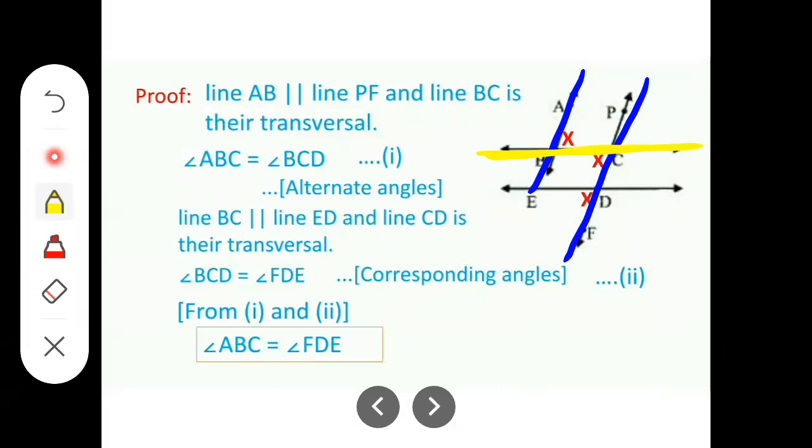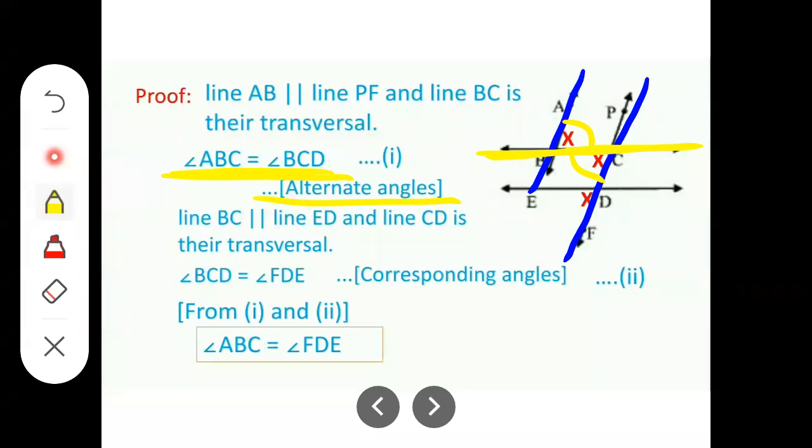Then the angles formed here, this angle and this angle, are alternate angles, so those will be congruent to each other. Write the three-letter label name for each angle. I am just explaining the concept of what you have to write. Those will be alternate angles and will be congruent.